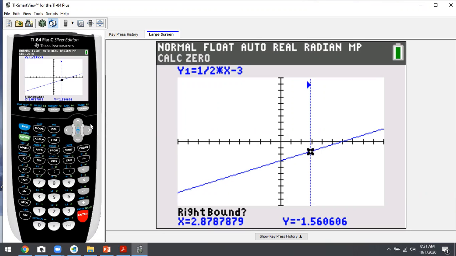It asks you for a right bound. Move your cursor anywhere to the right of where it crosses the axis. Looks good for me. Hit enter. Guess doesn't matter. You just hit enter again. And then boom, it tells you what the answer is. The 0 is at x equals 6. So the answer to this thing is x equals 6.